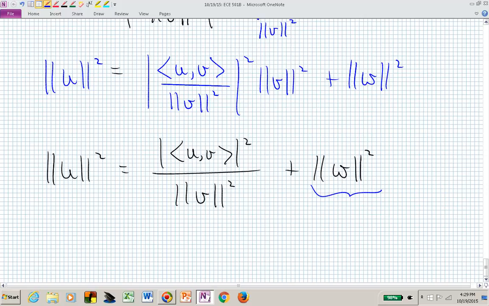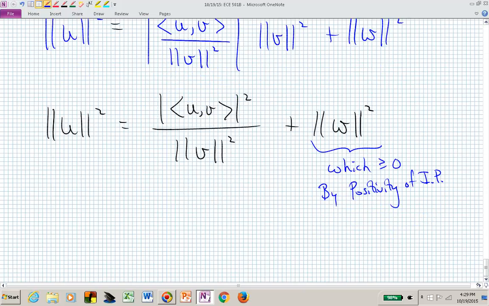It's non-negative by the positivity property of our inner product, which means if we throw that piece away, we know that the left side is greater than or equal to the piece that's left over on the right side.